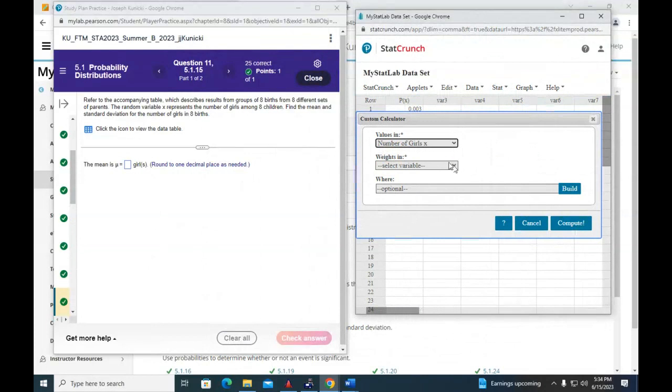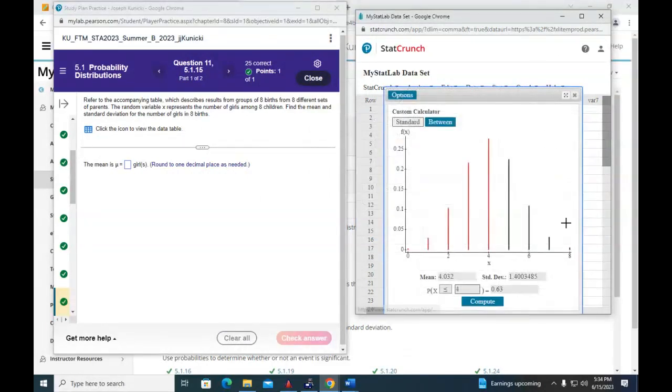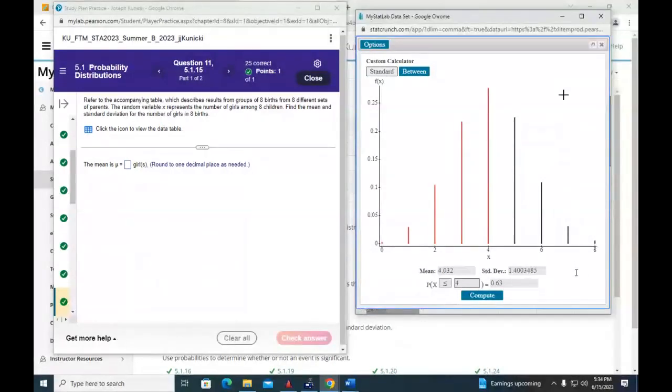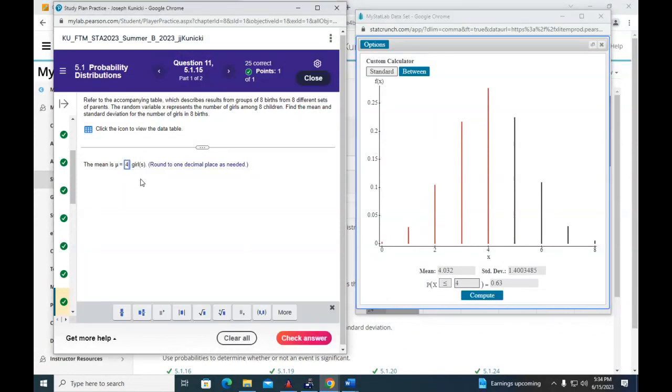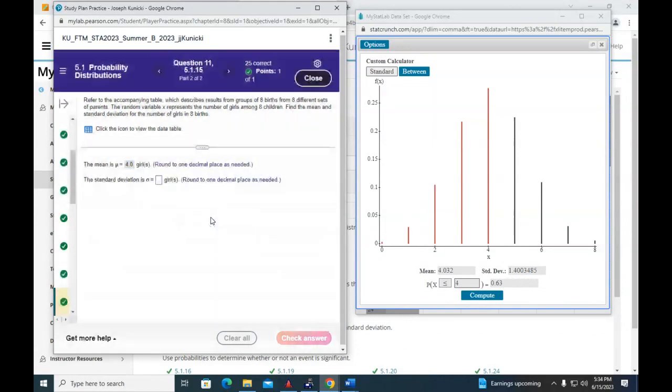And the number of girls is the X and the weights is the probability. Compute. And you can see how symmetrical it is because the probability is 50-50. So the mean's 4, right? 1 decimal place, 4.0. And the standard deviation is 1.4.